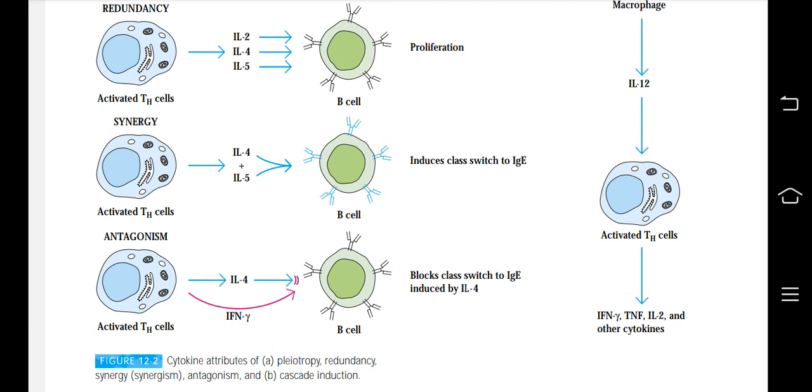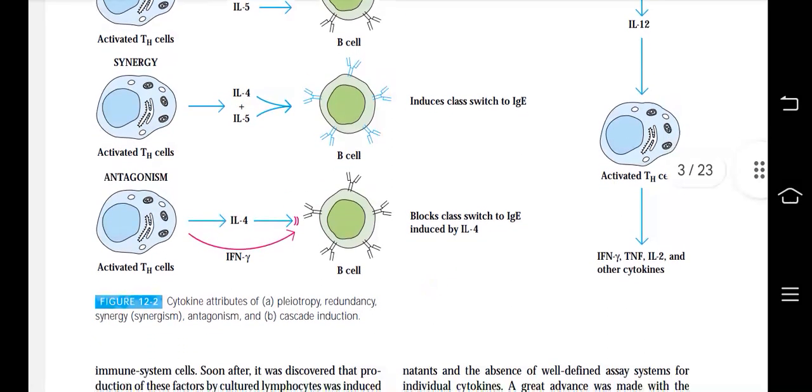So there must be some sort of mechanism which blocks class switch to IgE induced by IL-4. Okay, that is what is explained with the help of this picture which depicts antagonism. Okay, so we mentioned some important attributes of cytokines like pleiotropy, redundancy, synergism, antagonism, and cascade induction.